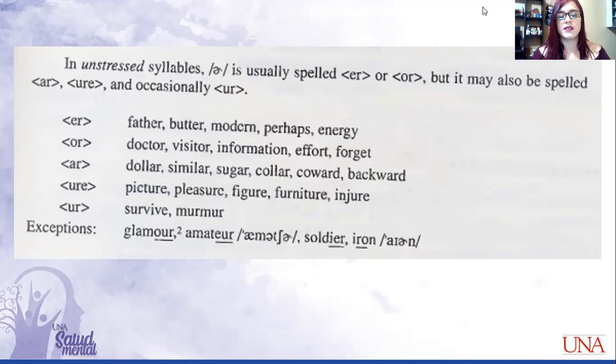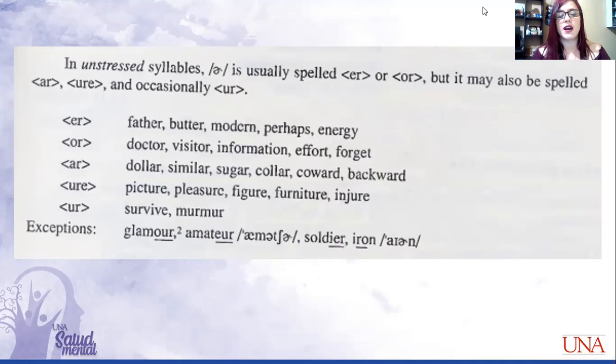Dollar, similar, sugar, color, cower, backward, picture, pleasure, figure, furniture, injure, survive, murmur.